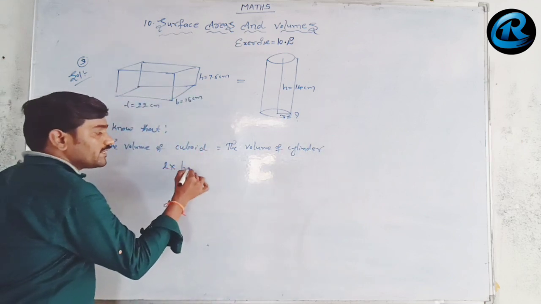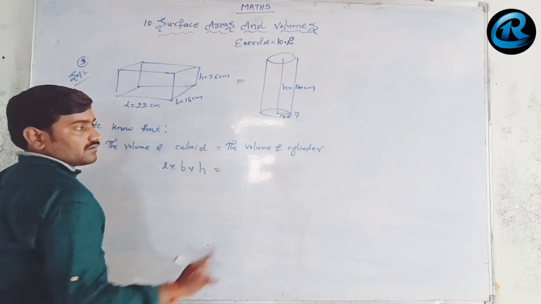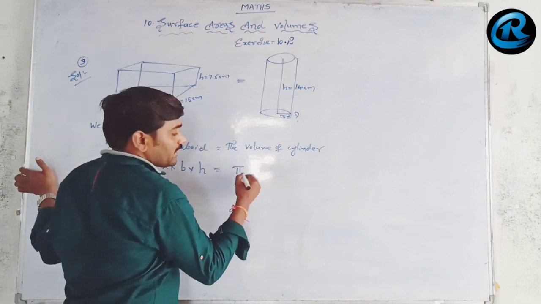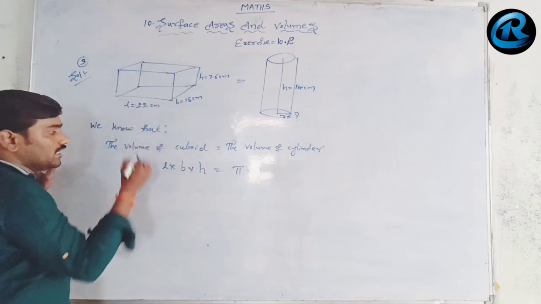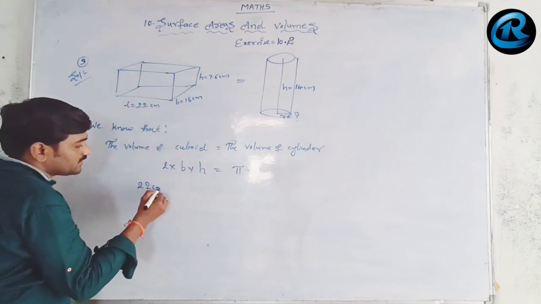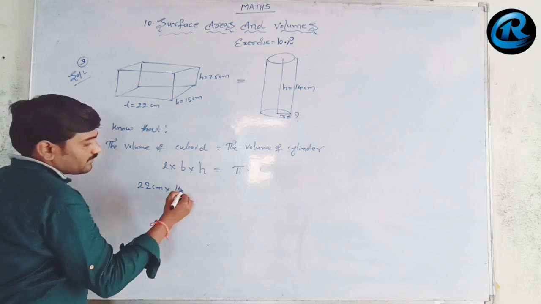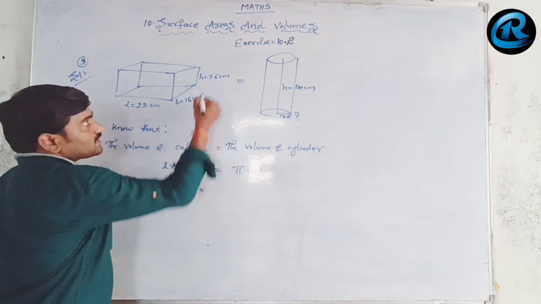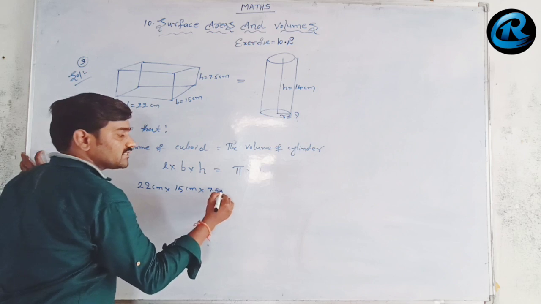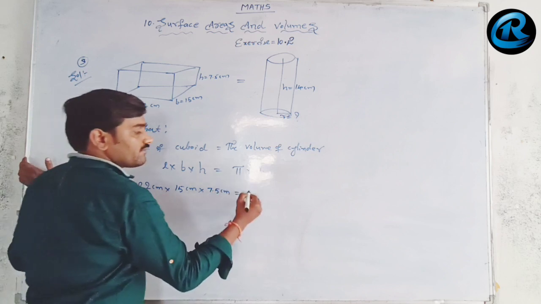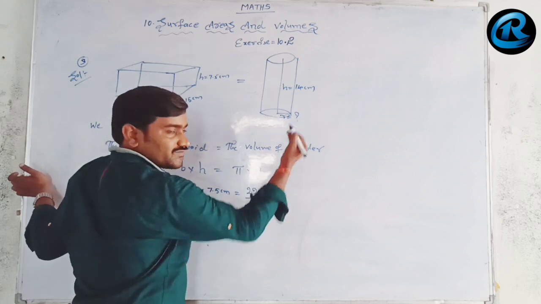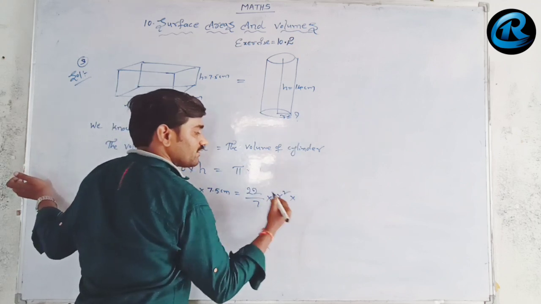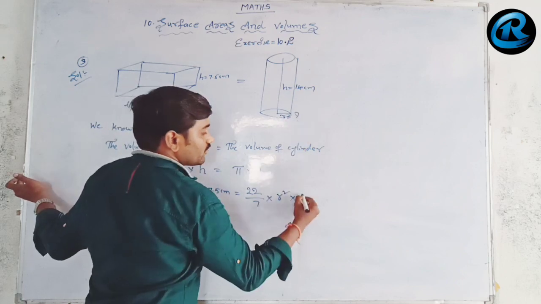L into B into H is equal to volume of cylinder formula pi r square h. Let us put the values separately. L 22 centimeters, B 15 centimeters, H 7.5 centimeters is equal to pi 22 by 7, r square as it is, h 14 centimeters.